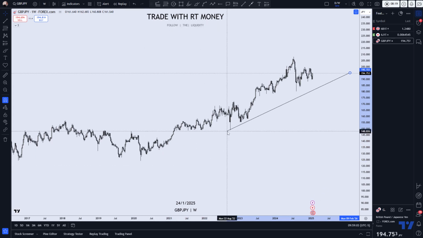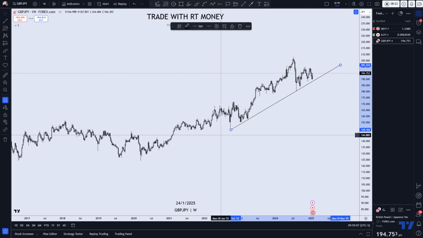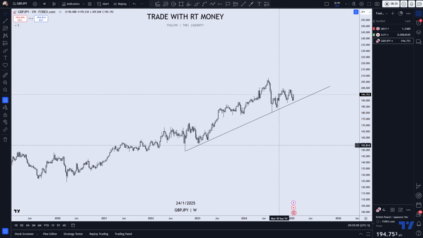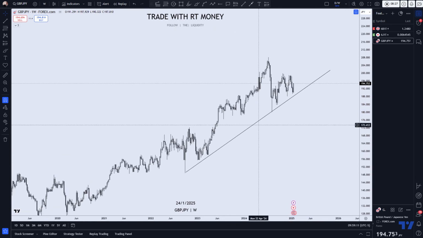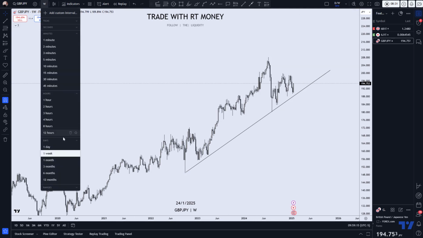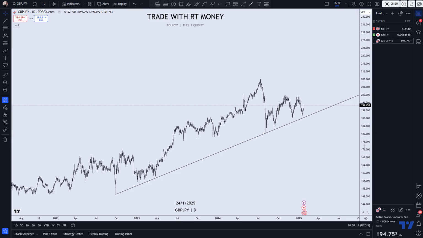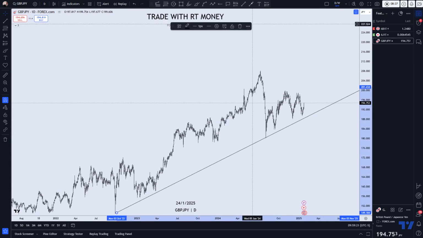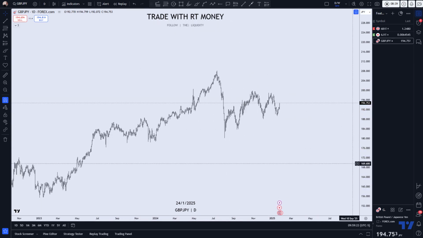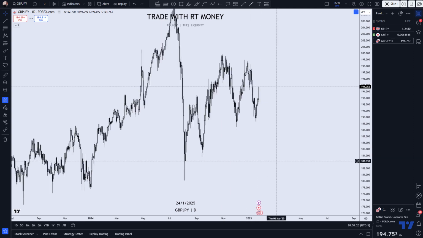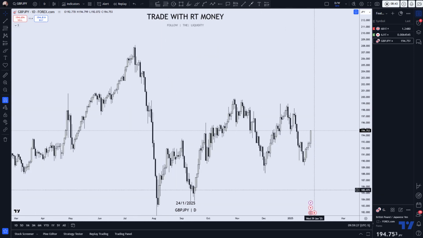Even if you put the trend line, the liquidity trend line here, you can see that the upward slant of the market is still an uptrend. Pretty easy. Okay, so if we go to the daily, what do we have in our near future?